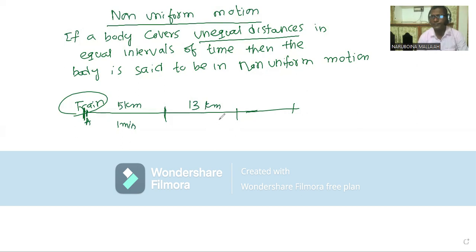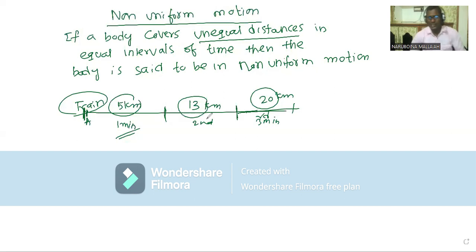Now again it increases, it covers 20 kilometers in the third minute because speed is increased. At some time, when the stations approach, they reduce their speed.